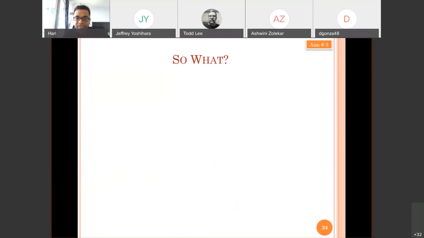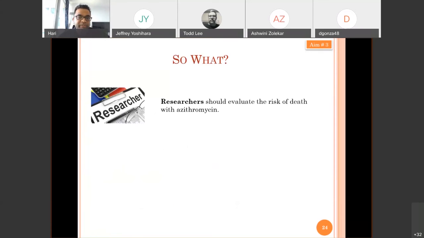So, I put this slide together just to translate what does this mean for researchers. I think there's definitely more work needed to measure if there is an increased risk of cardiac deaths with azithromycin.